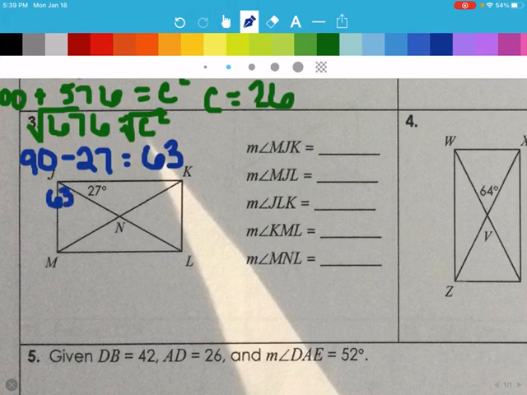The nice thing about a rectangle is I have many triangles inside of it. For example, I've got this one, and this would be an isosceles because I know that the diagonals are the same measurement, right? So if I have an isosceles and the two sides are the same, the two angles at the bottom of those sides are the same. In this case, this angle on the left is 27, even though I wrote all over it. That means the other angle will be 27.